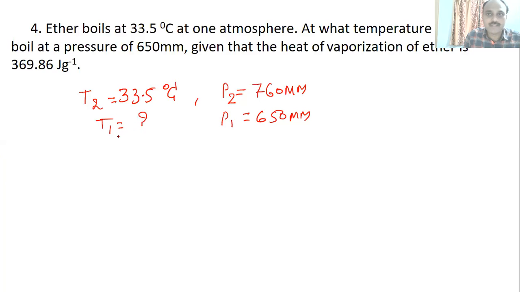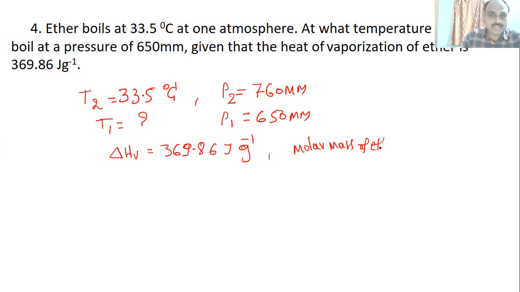Next, the heat of vaporization, delta HV, for ether is given as 369.86 joule per gram. Now you can convert this into joule per mole. The molar mass of ether is not given, though it should be in the problem: molar mass of ether is equal to 74 gram per mole.